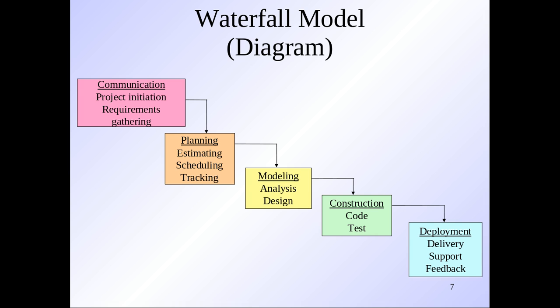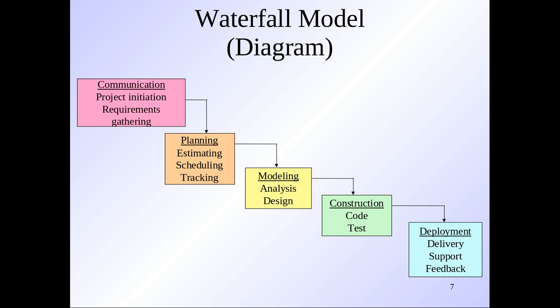The next part is construction. In construction, two phases are required: coding and testing. In the waterfall model, the design details are implemented using the appropriate programming language, that is coding. Testing is carried out to check whether the coding is correct or to find errors in the program. That means actual implementation and actual verification are done in the construction phase.